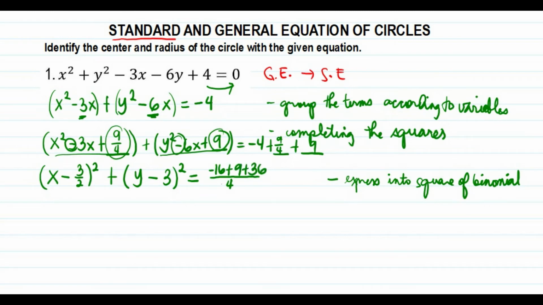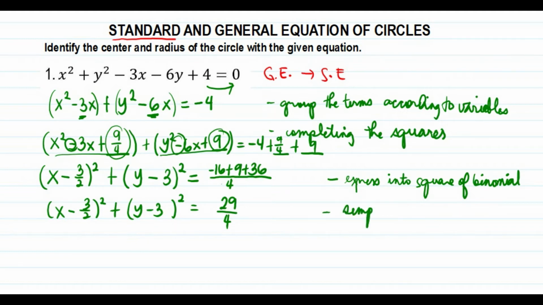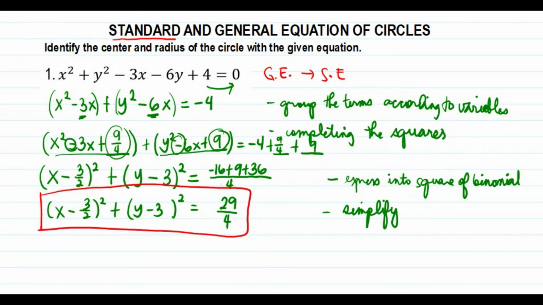And we have the square of x minus 3 halves plus the square of y minus 3 equals 29 over 4. And that's it. Simplify. Next step. And that's the answer. That's the standard equation. Standard equation pa lang yan.